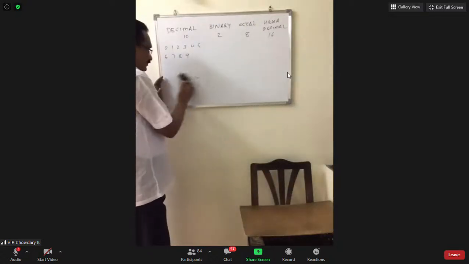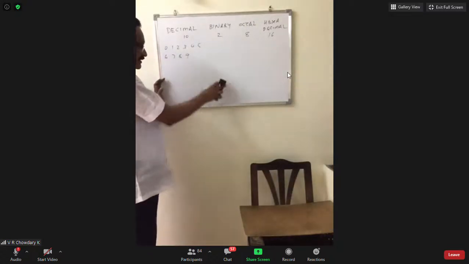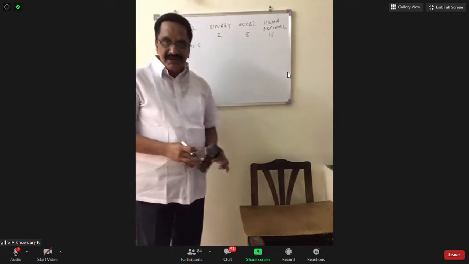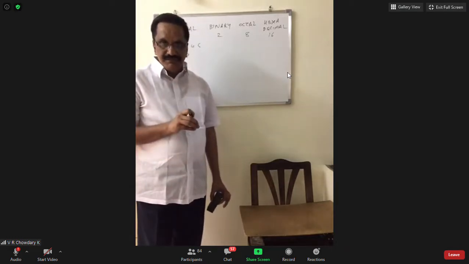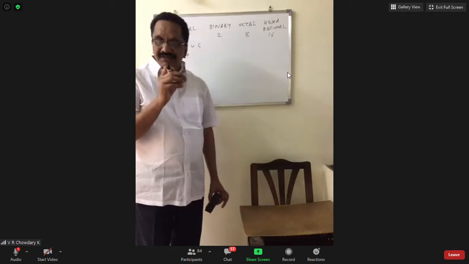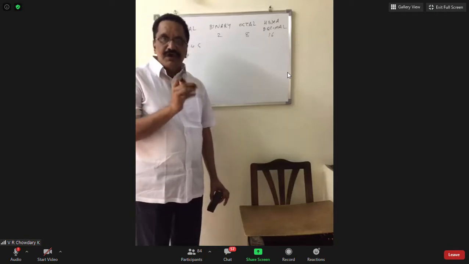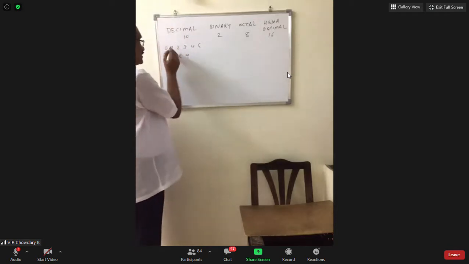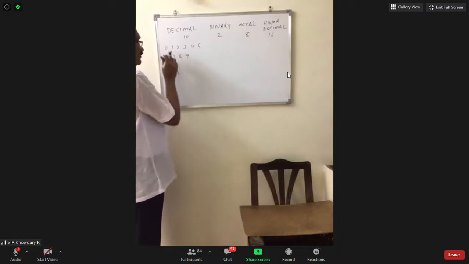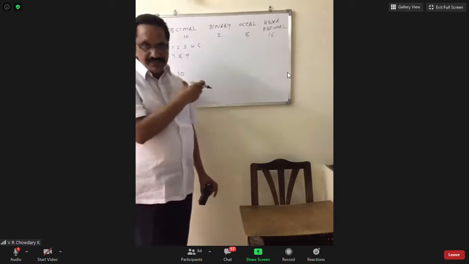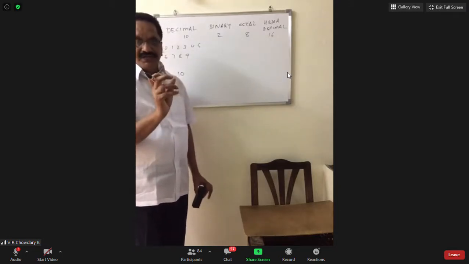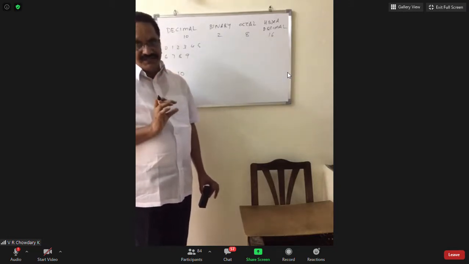9 quantities are represented by this symbol 9. For example, to represent 10 quantities in the decimal number system, there is no separate symbol for the 10 quantities. So for that, you have to use the second digit, that is 1, followed by the first digit, so 10. So in the decimal number system, 10 is used to represent 10 quantities.